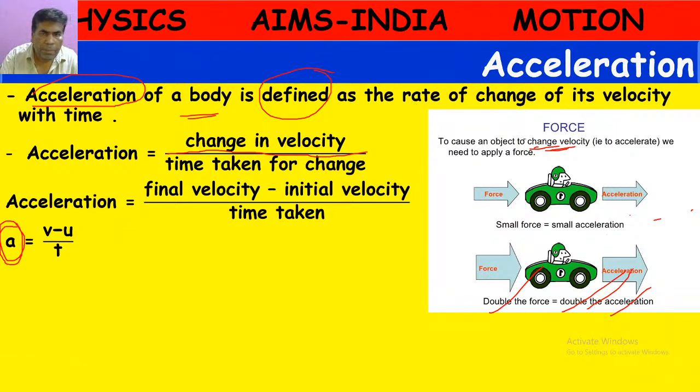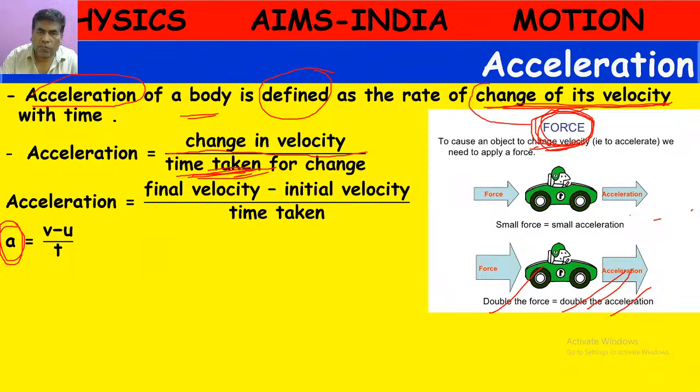Once again I am repeating, children. We are applying force. Because of force, there will be change of the car's velocity, and that change of velocity will happen in some time.